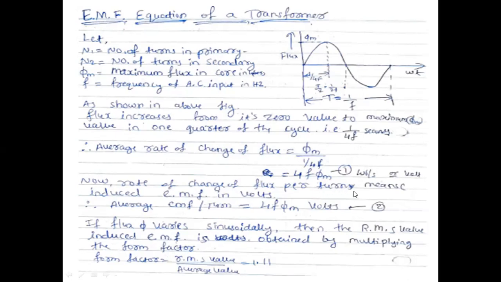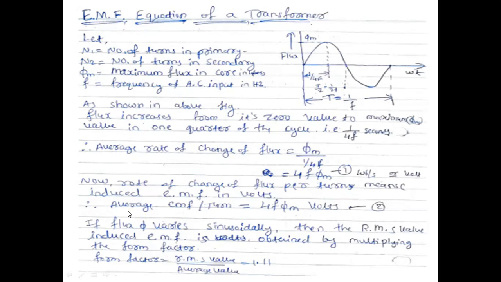In bracket you write down n equal to 1, bracket close, continue, means induced EMF in volts. Full point.